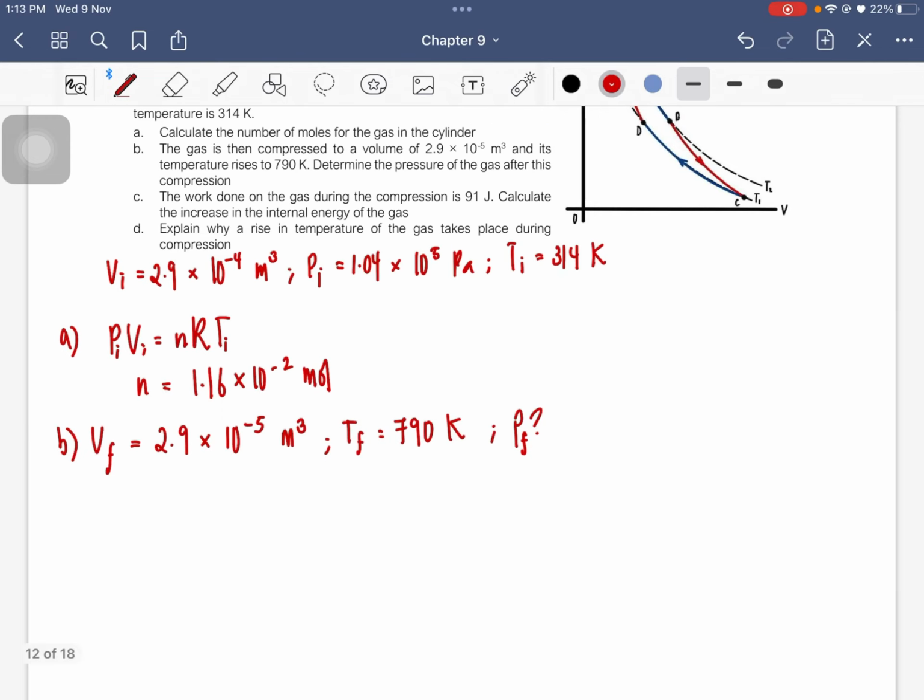Okay, it is asking how much. So for this one we can apply the equation of PV equals nRT as well. Let's use P final V final equals nR T final. The number of moles we can still use, because the number of moles won't change.